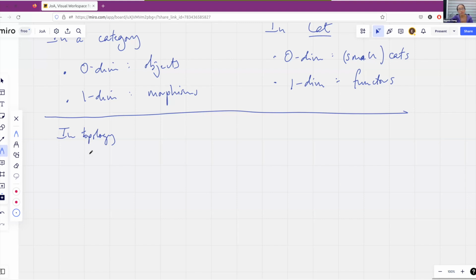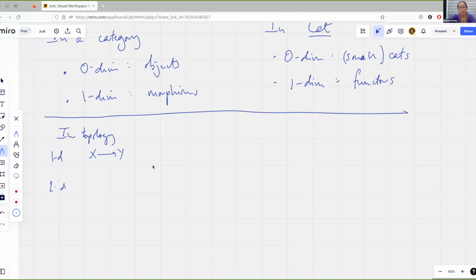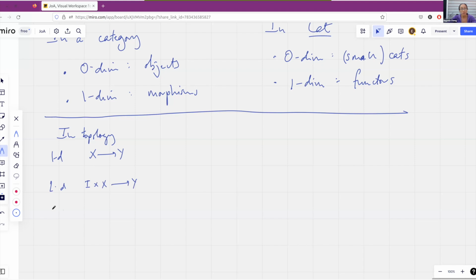In topology, we can start with a continuous map from X to Y, and that's the one-dimensional thing. And then the two-dimensional thing is a homotopy, which you can express as I cross X to Y. And then the three-dimensional thing is you can keep going like that, I cross I cross X to Y. And then the four-dimensional thing is I cross I cross I cross X to Y. And this I is a unit interval.